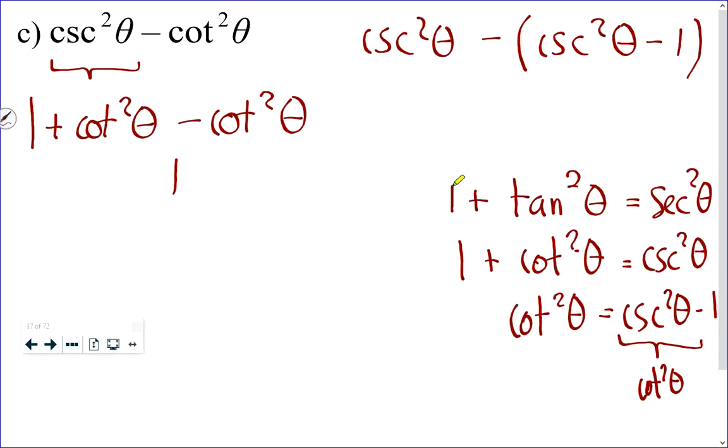Yeah, it would work. Because cosecant squared of theta minus cosecant squared of theta is 0, and then you have negative 1 times negative 1, which is 1.